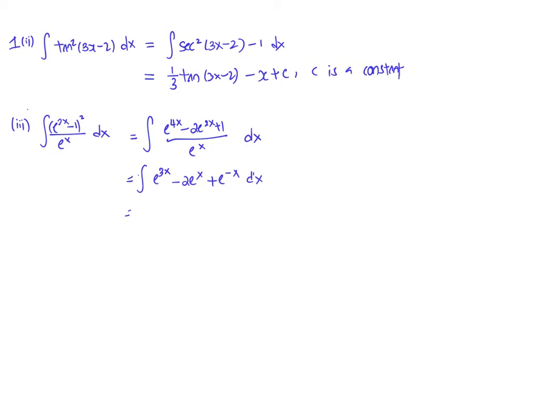From here, performing the integration, we will have 1/3 e^(3x) − 2e^x − e^(−x) + c, where c is a constant. Usually we will write our answer with a positive index, meaning this term, so we will rewrite our answer as such. So there you go, this is the answer for question 1 part 3.